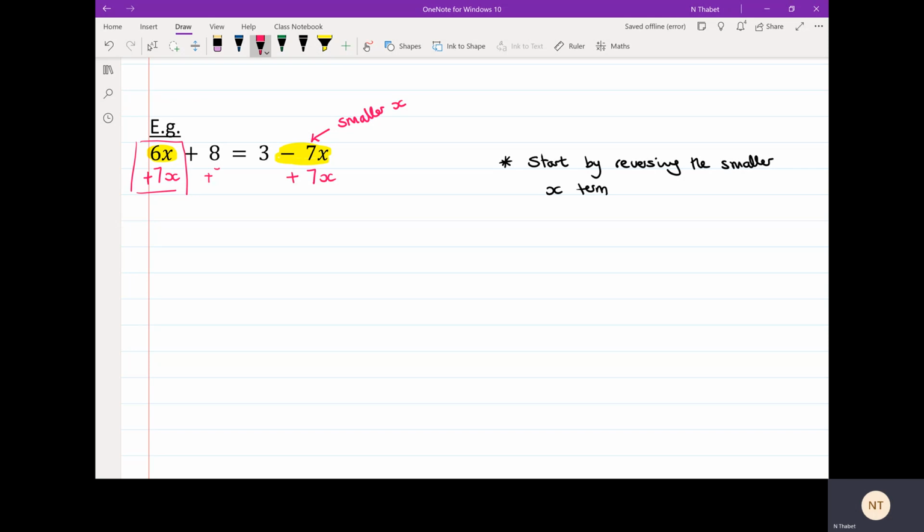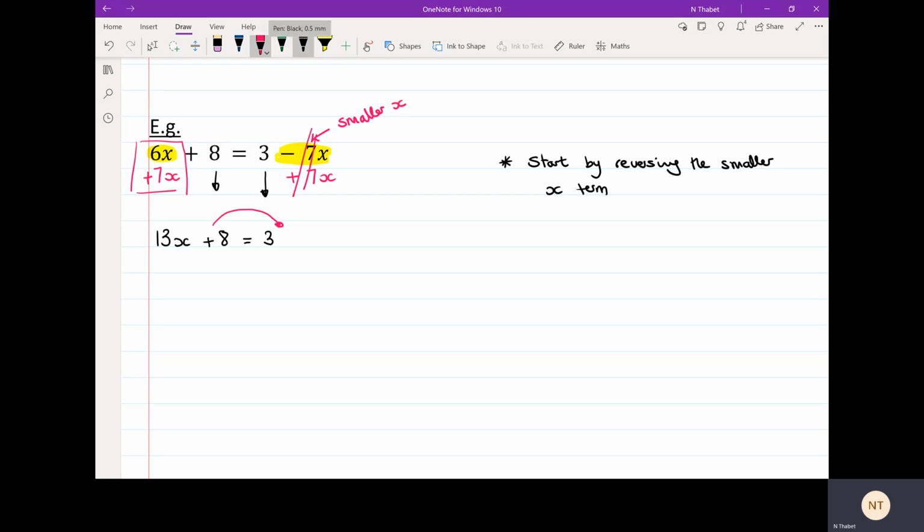And write it underneath the x term. You don't write it anywhere on the other side because I can only add or subtract like terms. So I'm going to put my line to say that's now a 0, minus 7 plus 7. And then I'm going to add 6x plus 7x is 13x. I've still got the plus 8, I've got the equal sign, and it equals 3. And then I want to move the number to the other side to be with the 3, to be away from the x term.